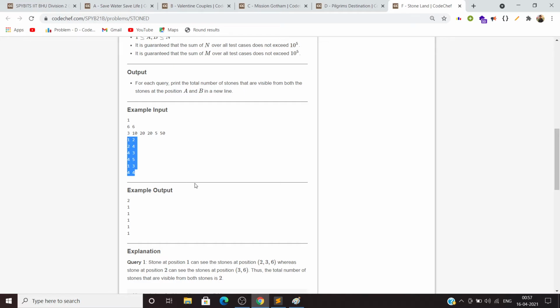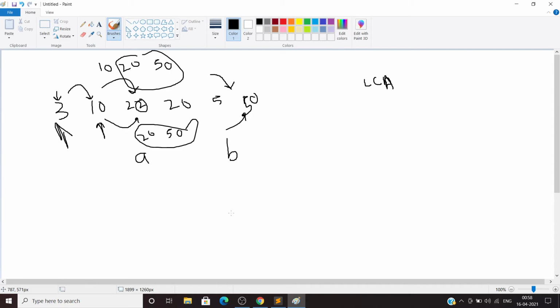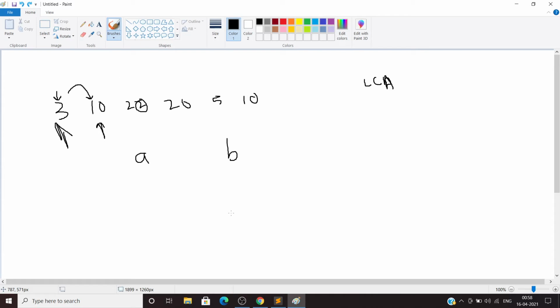So the basic thing that I have done here is I have made a graph, a tree, connecting the components like this. Let me make you understand my concept.